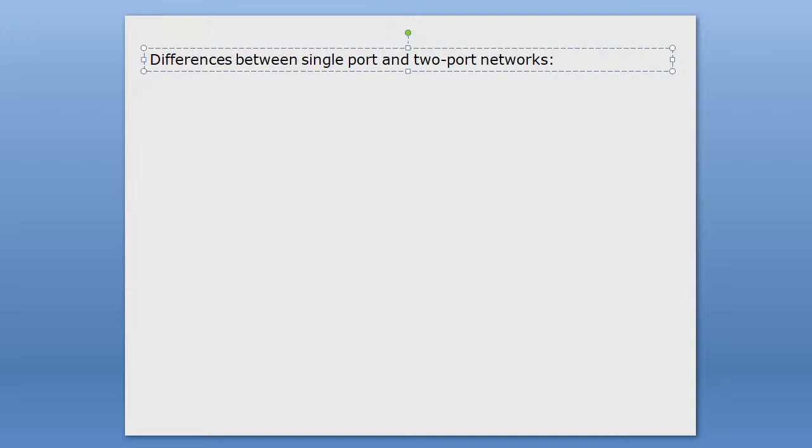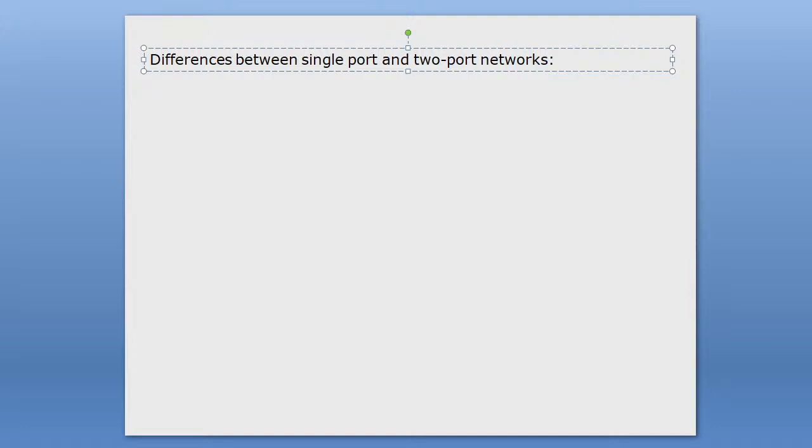In our previous classes we discussed the theory part, and we also solved mathematical problems associated with single-port networks. A single-port network has only two terminals. Examples of single-port networks are resistor, capacitor, and inductor.